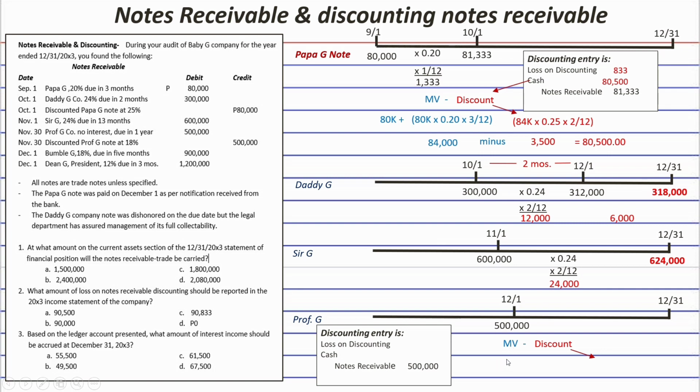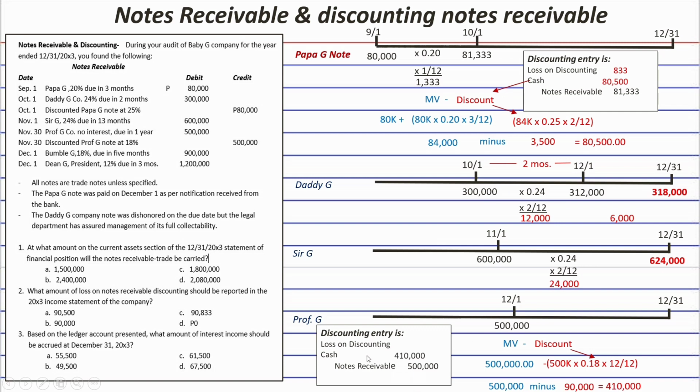For the discount, that's the maturity value of 500,000 times the discount rate of 0.18 or 18%, based in here, times the unexpired time of 1 year, or 12 months over 12 months, and we have a discount of 90,000. So the proceeds is 500,000 minus 90,000. Let's debit that as cash here.